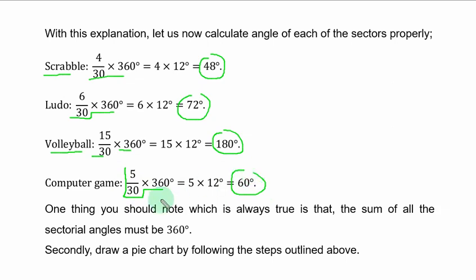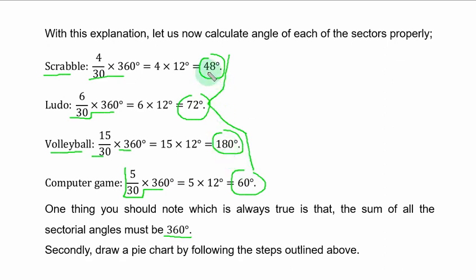One thing you should note, which is always true, is that the sum of all the sectorial angles must be 360 degrees. What that means is that if you add 48 to 72 to 180 to 60 degrees, you must have 360 degrees. Now let us find out. Already here is 180.